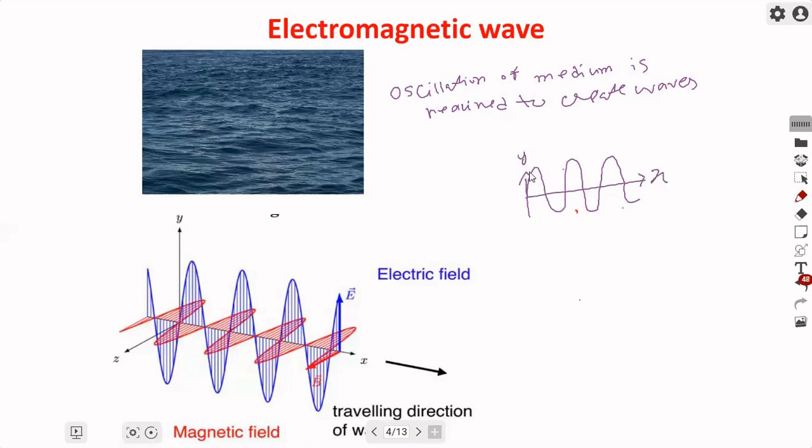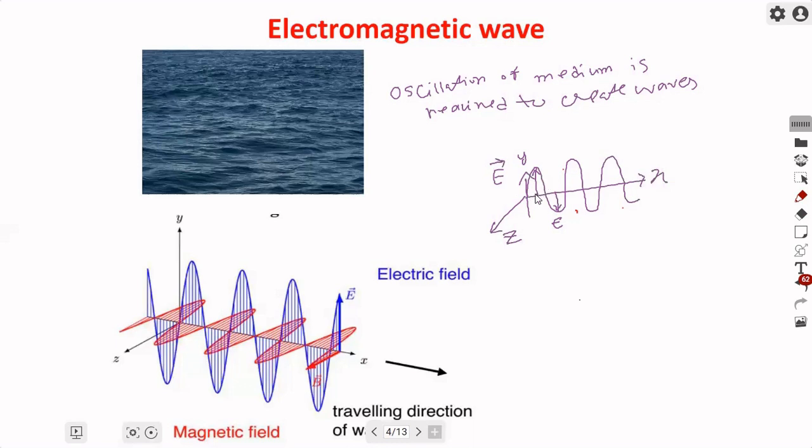It is oscillating only in the y direction, exactly like this picture. Let's say in this instant it's directed towards the plus y direction. This is the electric field vector, and after some time it is directed in this direction. So that means the electric field is varying with time, right?